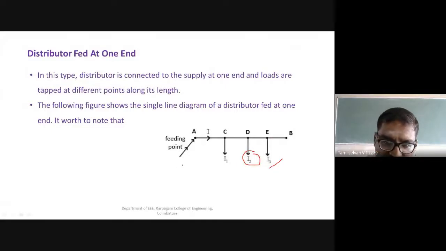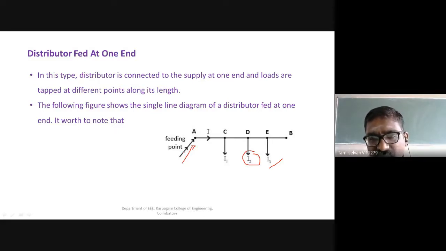The voltage is fed to the distributor, and the feeding point is A. So this is the distributor fed at one end, and the loads are tapped along the length of the distributor.